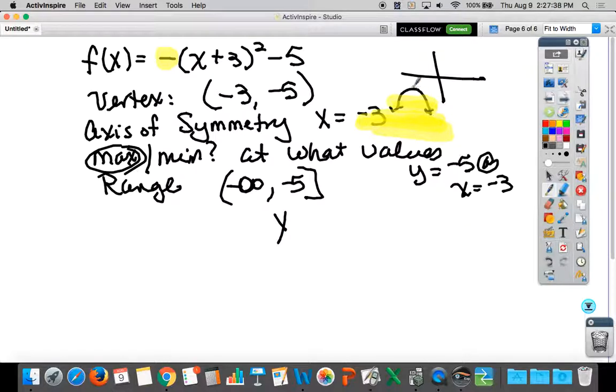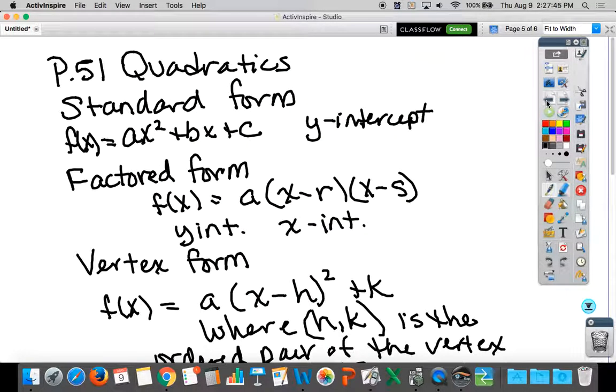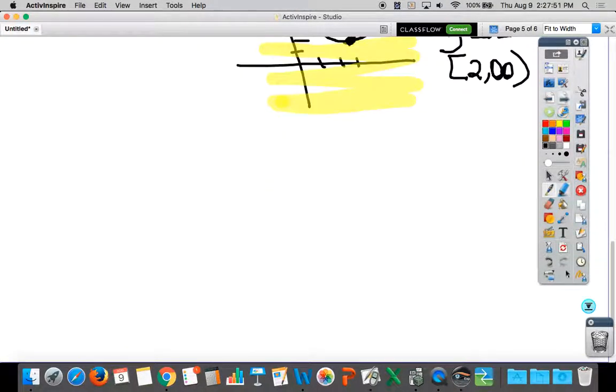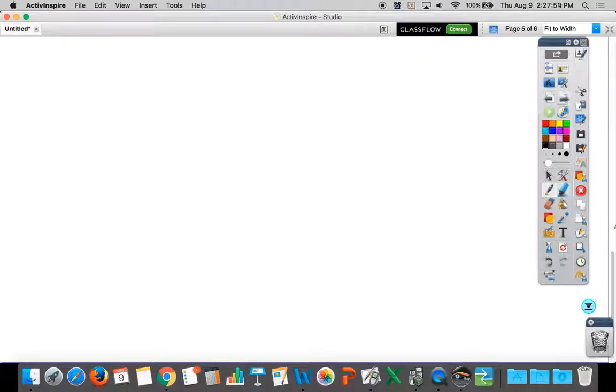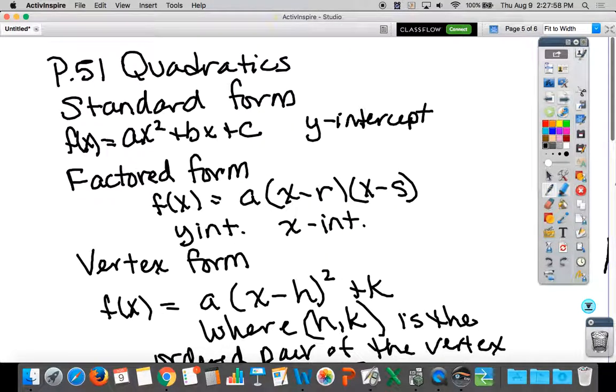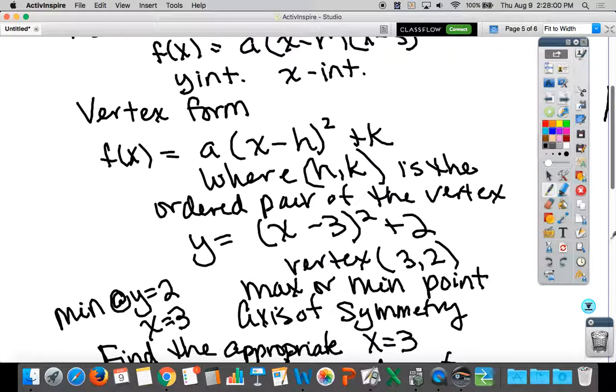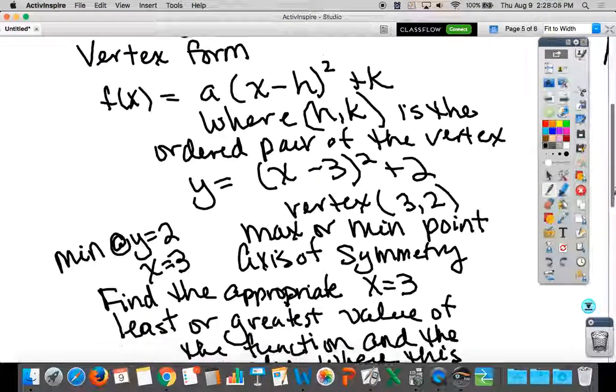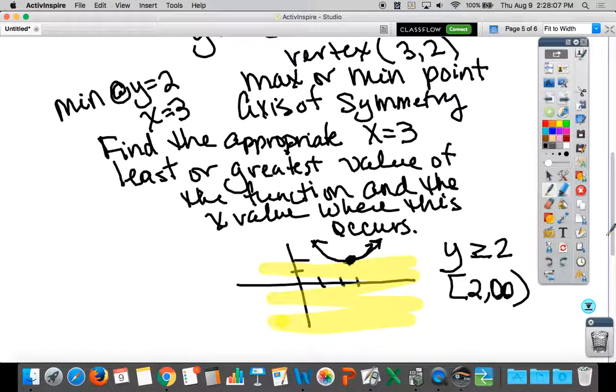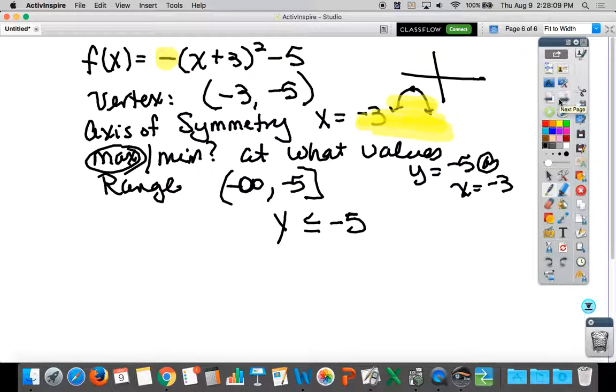Y is less than or equal to -5. Make sure I put a y equals on that range. Yep, I did. Okay, just making sure I did not inadvertently write an x.